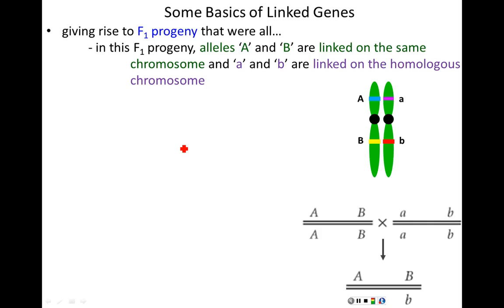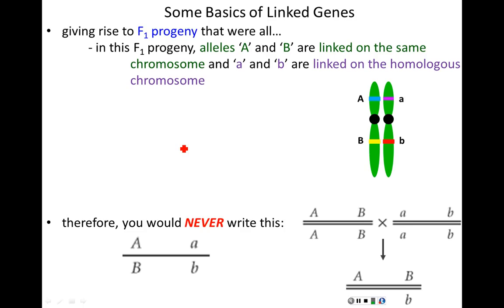So we could represent it with the animations I've been showing you so far that would look like this. So you would never write this, ever. You would never denote linked genes like this. Why not? What is this saying? If you were to denote linked genes in this way, what would it mean? Well, what you would be saying is that one chromosome has on that one DNA molecule a dominant A allele and a recessive A allele.